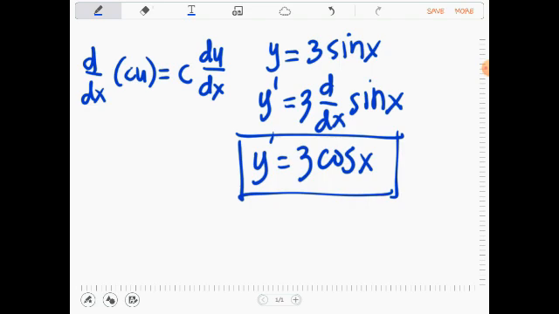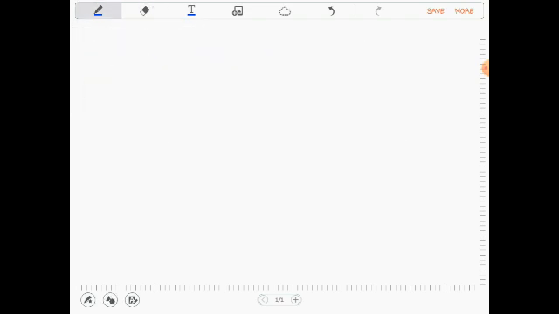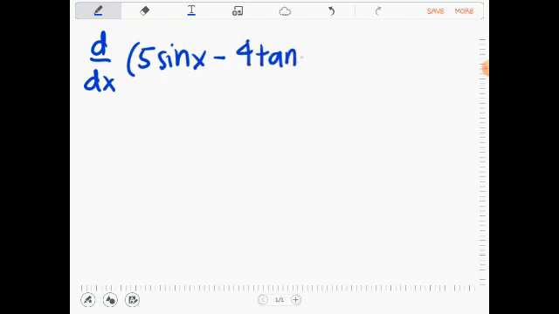Okay? Next example. If we have the derivative of 5 sine of x minus 4 tangent of x, recall natin yung ating sum and difference rule. Pwede natin siyang paghiwalayin, 'di ba? So ngayon, application siya nung meron tayong constant at saka meron tayong sum and difference. Okay?